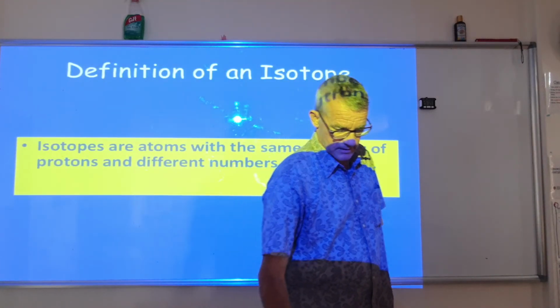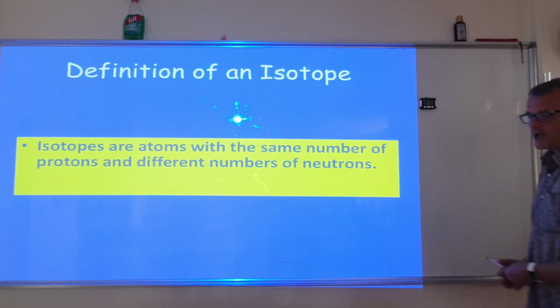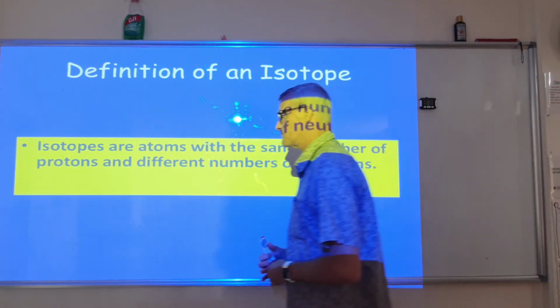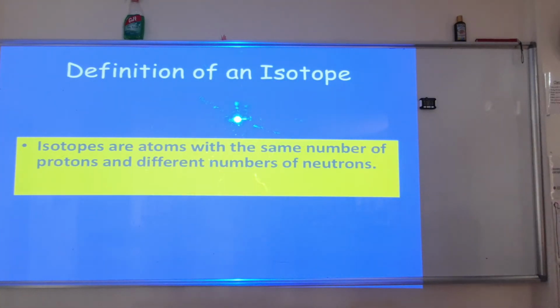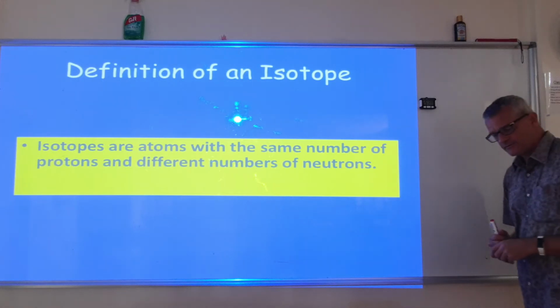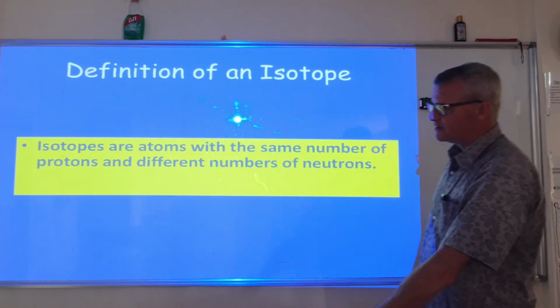All right. Let's define the isotope. Isotopes are atoms with the same number of protons, but they can contain different amounts of neutrons. Okay?